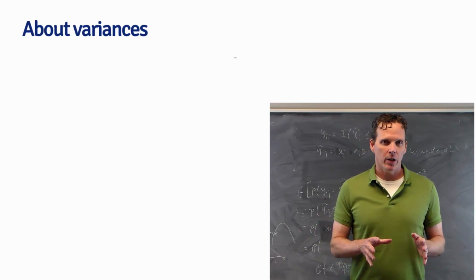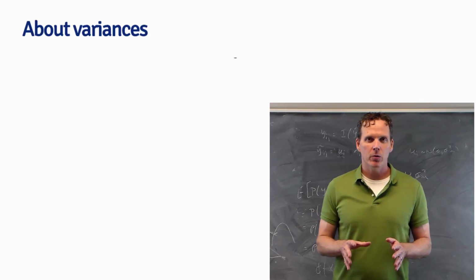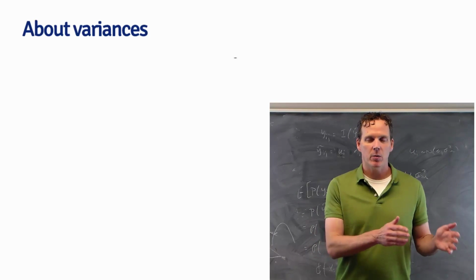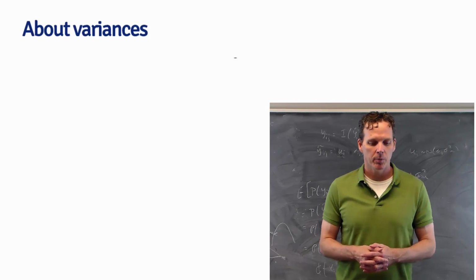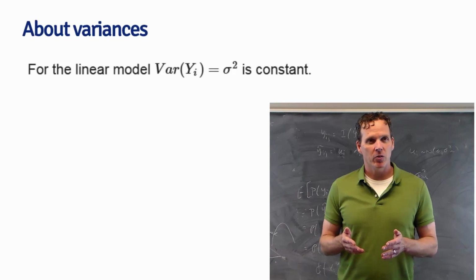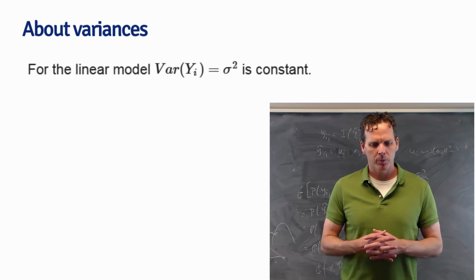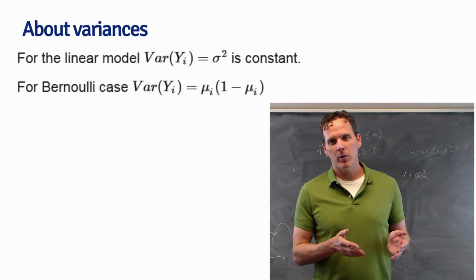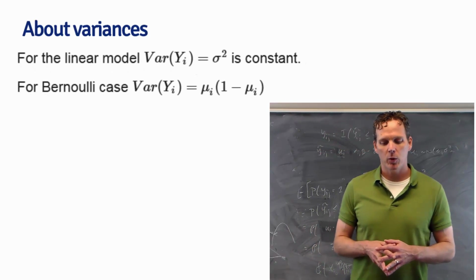There is an important point I'd like to note about generalized linear models, especially for some of the cases like the Poisson case and the binomial case. For the linear model, remember we had this assumption of a constant variance. However, for the Bernoulli case, remember the variance of a coin flip is p times 1 minus p.